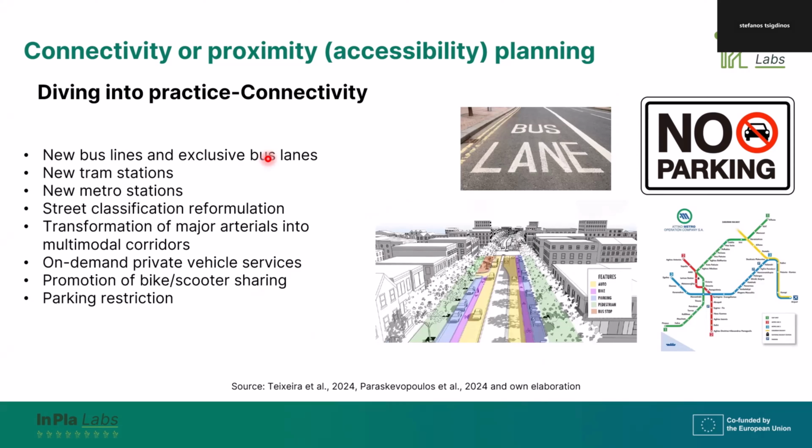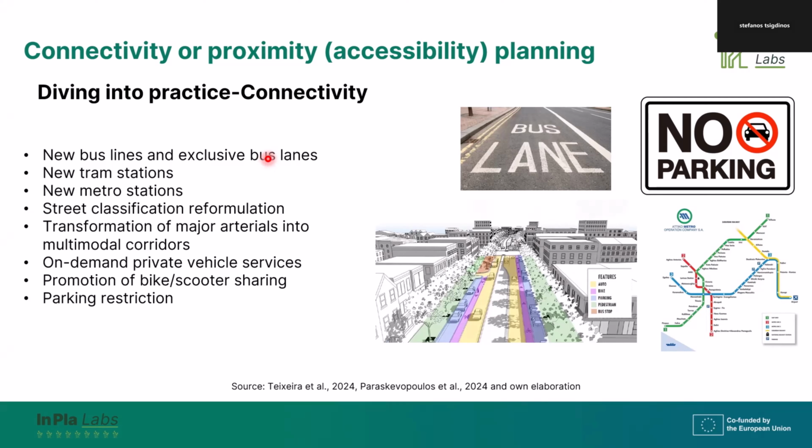So first of all, we have many measures that you are going to consider next, and we have divided them into three categories. The first one is connectivity, to match connectivity and proximity planning. The second one is proximity, and the third one is a common category that includes measures addressing both connectivity and proximity.